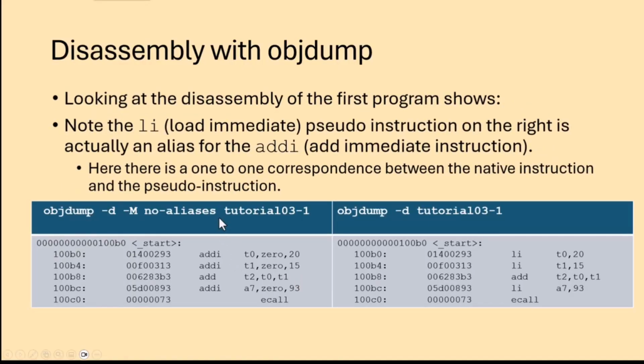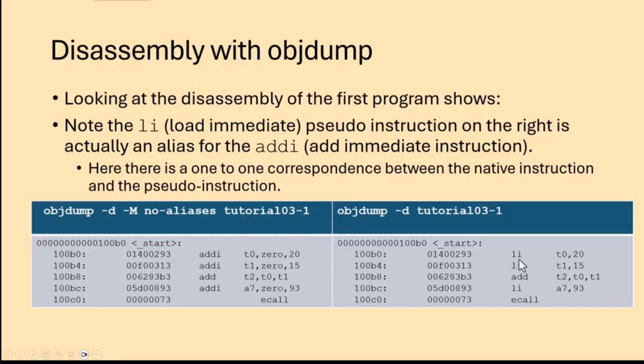So here's an example. If we run objdump and we use the no aliases option, then this is what we have here. And if we use it without specifying no aliases, then this is what we'll have in this case. So what actually happens here is that things are a little bit different. We can actually see the li instruction, which is load immediate. Now this is a pseudo instruction that actually translates into, again, as we said, 1 or more instructions.